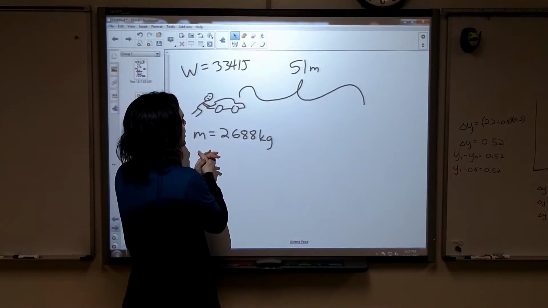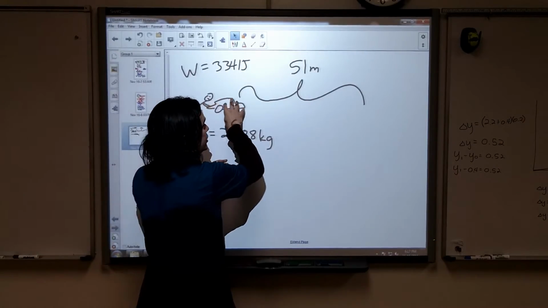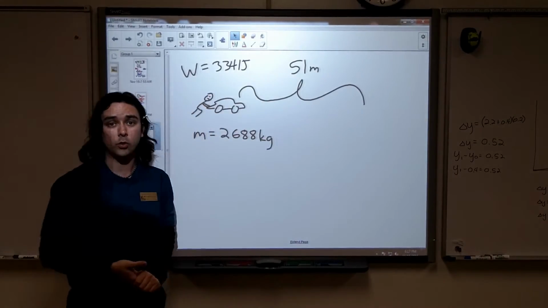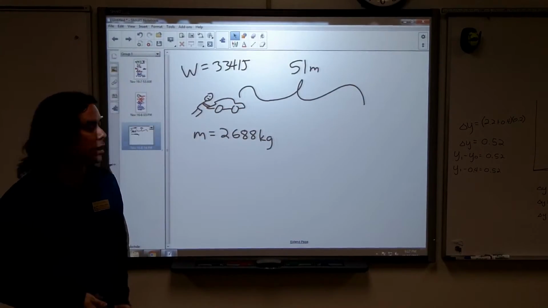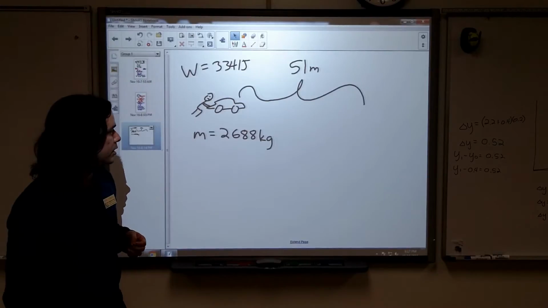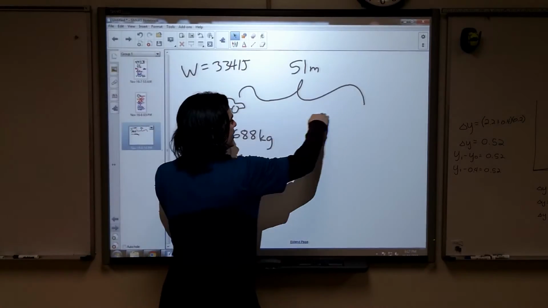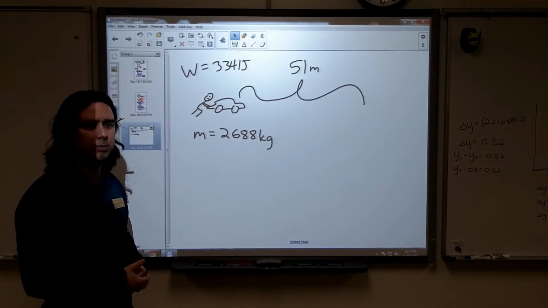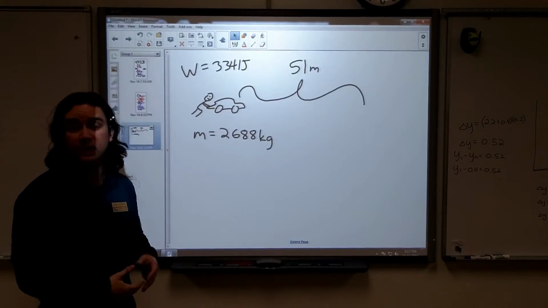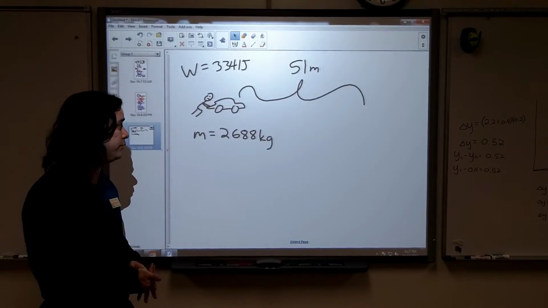Well, let's take a look at what type of energies we're going to have. Clearly, the car is going to start speeding up because we've been told that it's going to end at some speed v that they want us to find. So kinetic energy is definitely in play. They're on flat level ground, so they're not going up anywhere, so that probably rules out any potential energy due to gravity, at least any change in it, and that's what we're looking for.